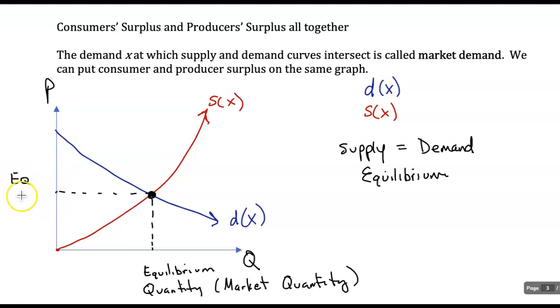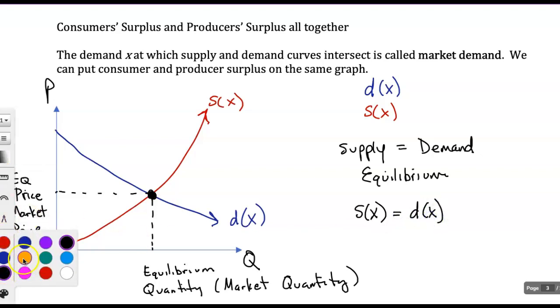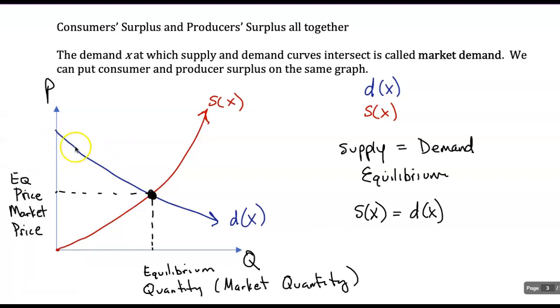This is called the equilibrium price. And you'll also hear it called the market price. So if you're asked to find this point, you just have to simply say this happens when supply is equal to demand.